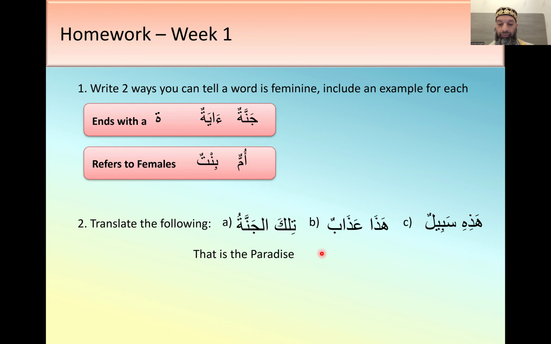Next one, hadha means this is, or this. Hadha adhabun, this is a punishment. And the last one, hadhihi sabilun. Hadhihi means this is, and sabilun is a way. Happy to move on? Okay.